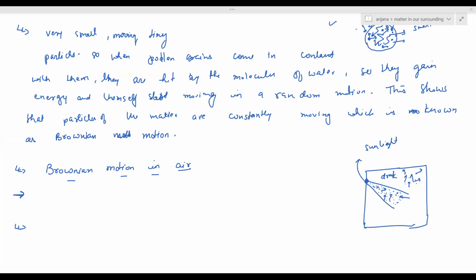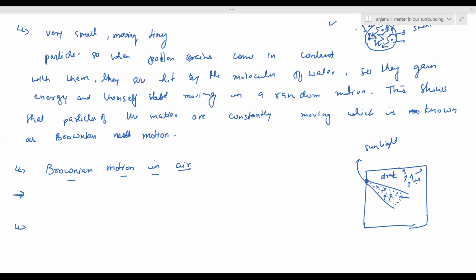So Brownian motion also supports this evidence. Since they are particles, that is why they are colliding. If there were no particles, would they collide with each other? Collision would not even be possible. If matter were not made up of tiny small particles, it would not have been possible that they are constantly moving. So again, this is one of the good evidences which tells you that gas particles are made up of very tiny small particles. Understood? Yes, ma'am.